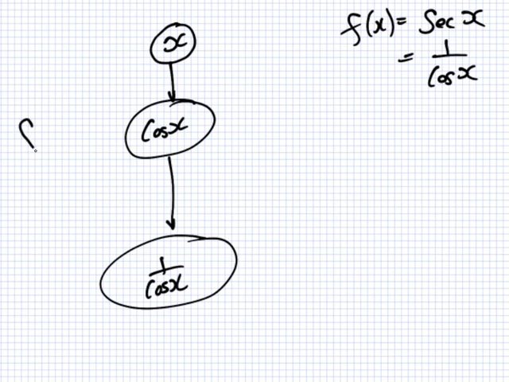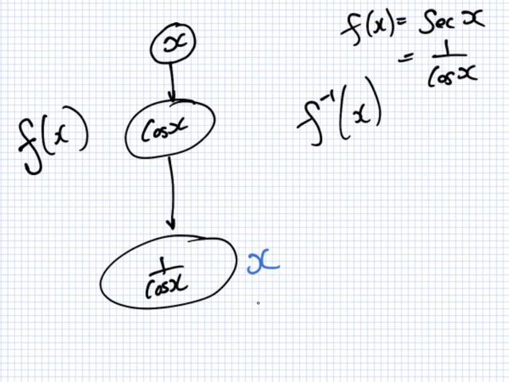This is called function f of x. Now I would like the inverse of f. So what you do is you start at the back and go opposite. The opposite of 1 over something is actually still 1 over.